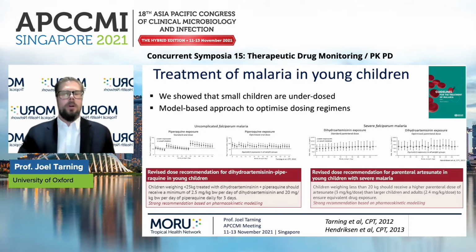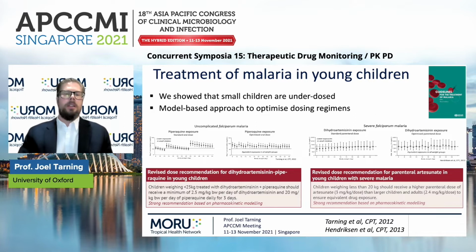So with the pharmacometric approach, we show that small children were underdosed for piperaquine when treating uncomplicated falciparum malaria. We did a similar thing for severe falciparum malaria, and we demonstrated that young children were underdosed with IV artesunate in severe malaria.